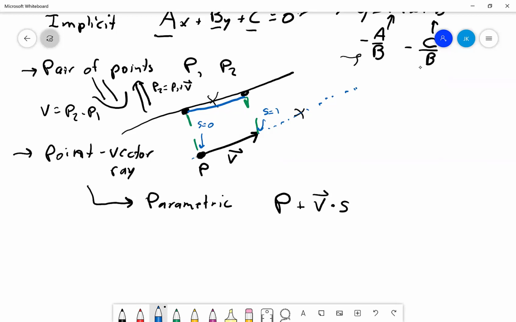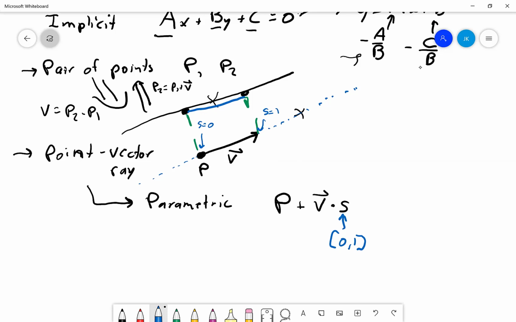If S is less than 0, it's at some point along the line before that. So when S is in the range 0 to 1, we are on the line segment, and when it's less than 0 or greater than 1, then it's outside. That's a very useful representation for lines.